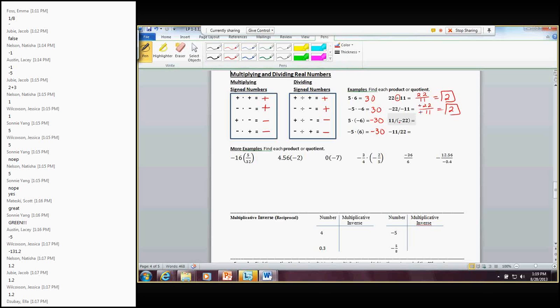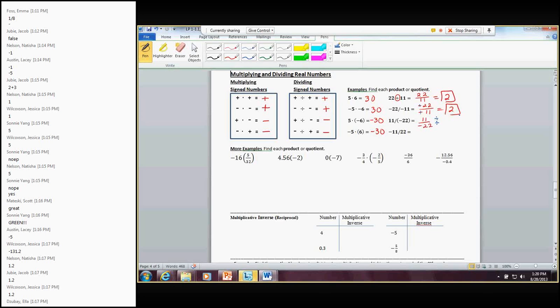Now this is where I definitely like to look at it as a fraction. 11 divided by negative 22. Well, why don't we just leave it like that? No, you have to simplify your fractions. So we're going to divide top and bottom by a common divisor. What's that common divisor? What goes into both 11 and 22? Okay, besides 1.